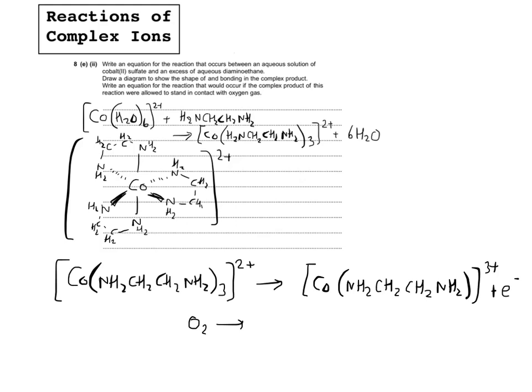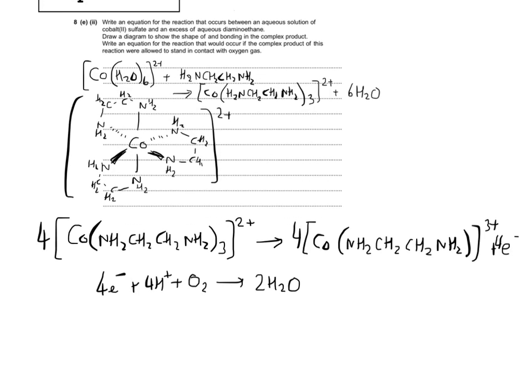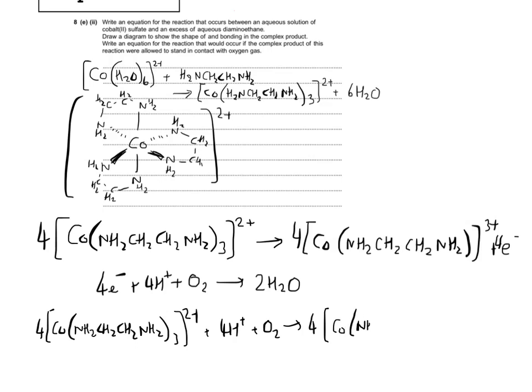So we're going to balance this, so we're going to make 2 waters, and we're going to have 4H+ and 4 electrons, and then we need to multiply the top one up by 4 for the electrons to cancel, and then if we add them together we've got 4 Co(NH2CH2CH2NH2)3 2+ plus 4H+ plus O2 goes to make 4 Co(NH2CH2CH2NH2)3 3+ plus 2 H2O.